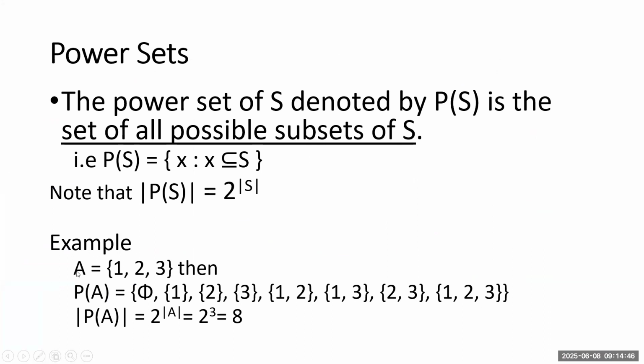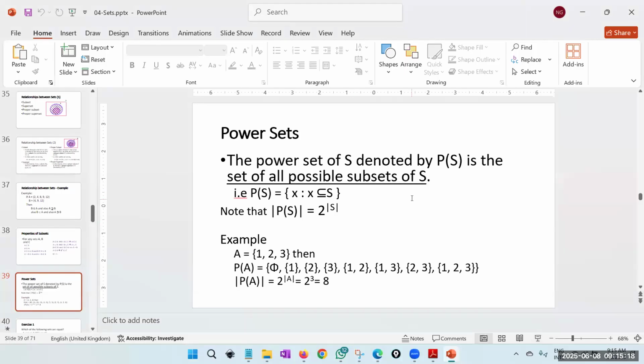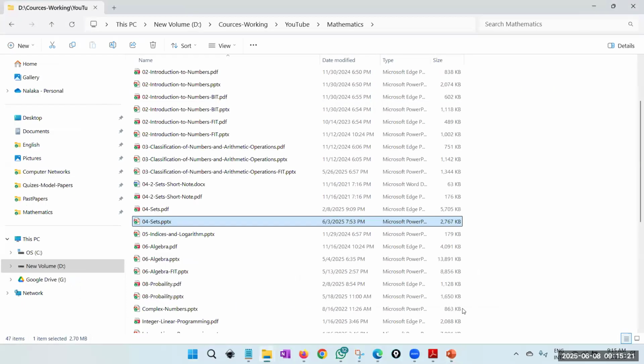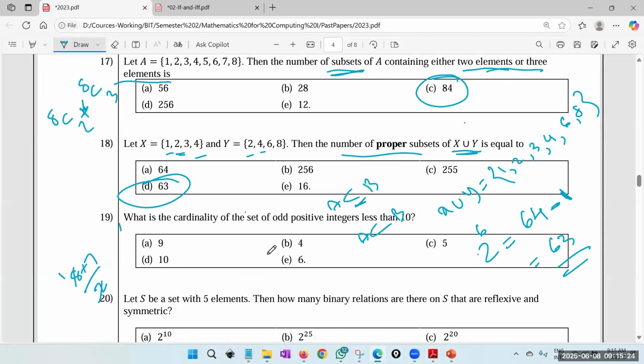You can see this power set includes the set itself, because by definition, power set is all the subsets. The subset includes itself. But the question says all possible proper subsets. So these are all proper subsets, but you need to eliminate this one because the set itself is not considered a proper subset. That is why I have to remove one from this 2 to the power n. I hope it's clear now.